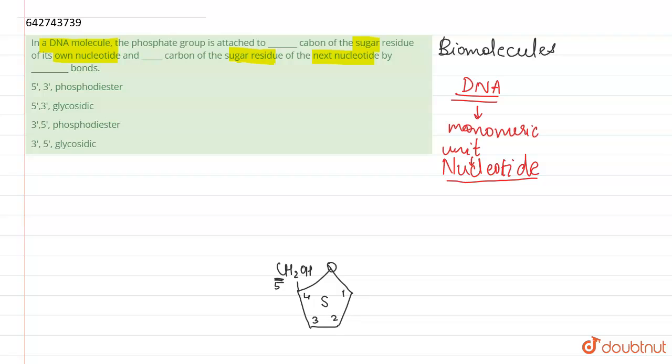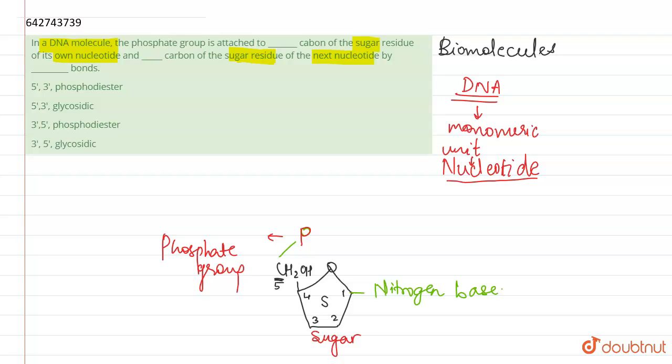To one side here you have the nitrogen base, and towards the other side, with respect to the fifth carbon, we have the phosphate group, right? This is the phosphate group. This is the sugar. So together with these three components, you are getting a nucleotide.